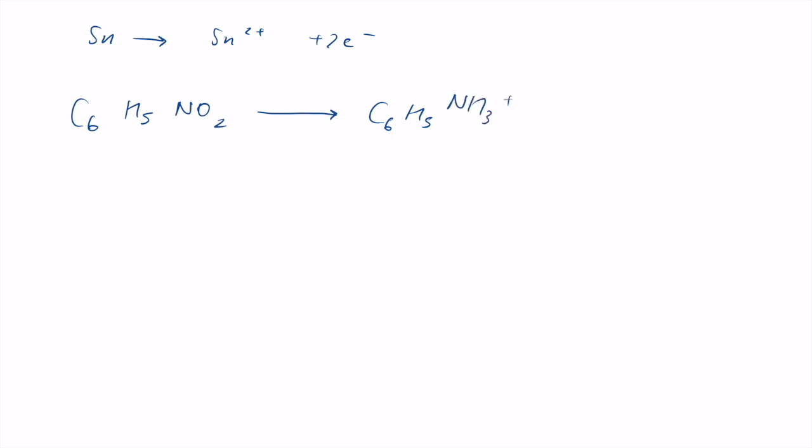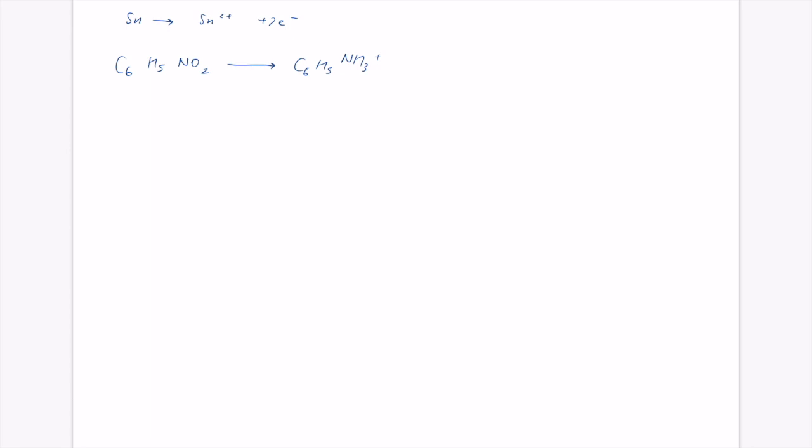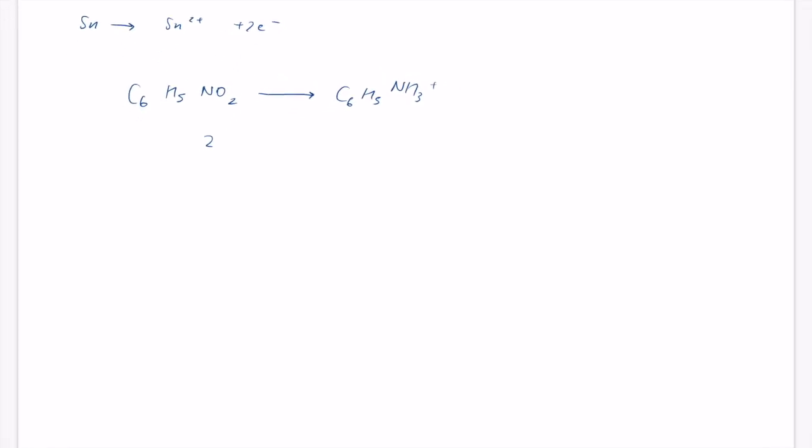So we need to balance. First, right away, there's an imbalance of oxygens. There's 2 on this side, but none on this side. So we balance, of course, using waters. So we're going to do plus 2 H2O.